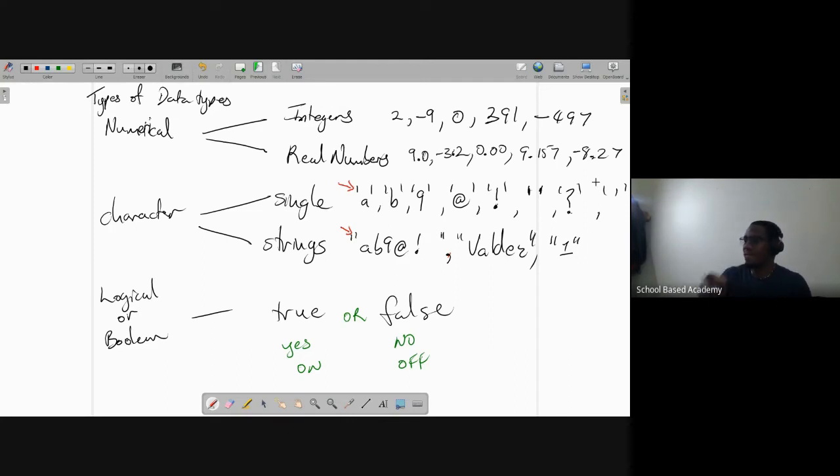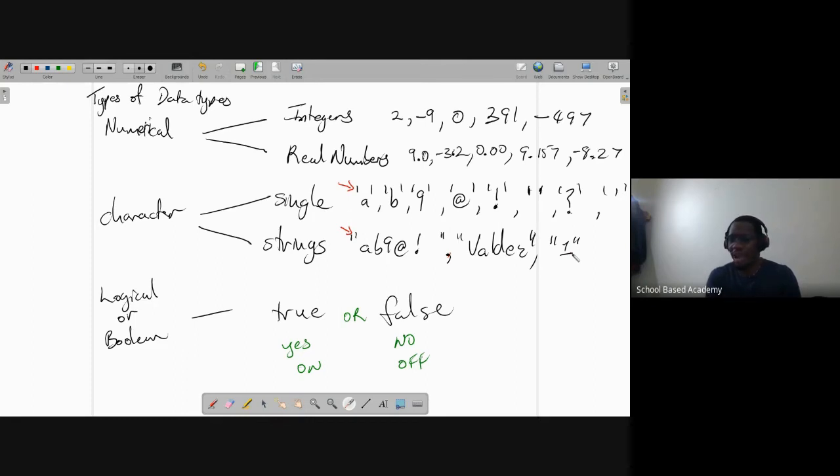If a variable is declared as a single character variable, it cannot hold a string value. But a string value can hold a single character, as we've seen with this example right here. You could have a one-value string, but you cannot have a multi-valued single character.